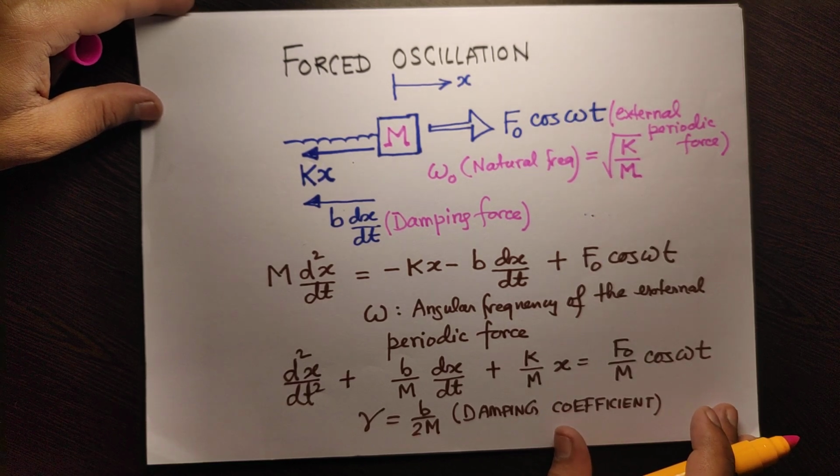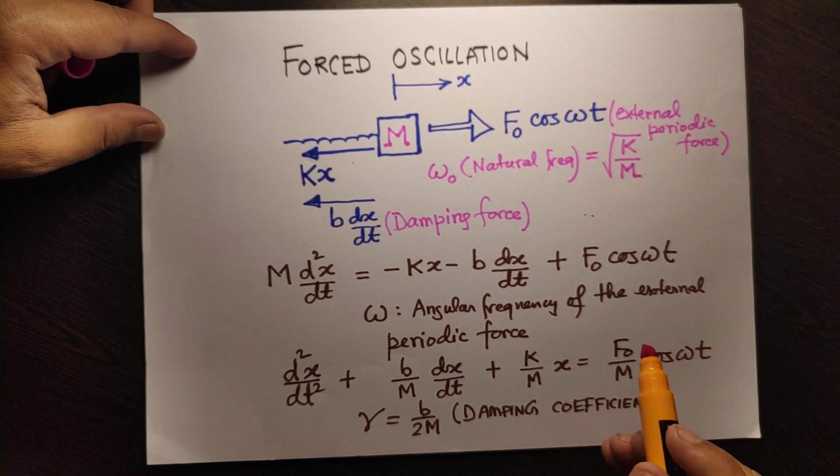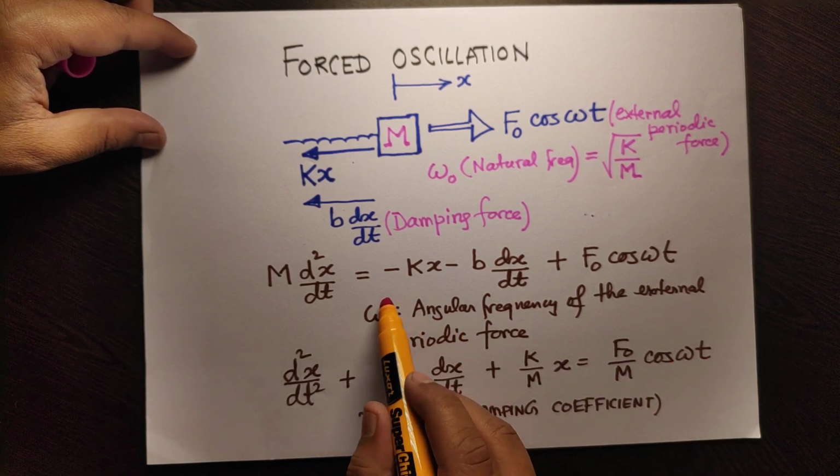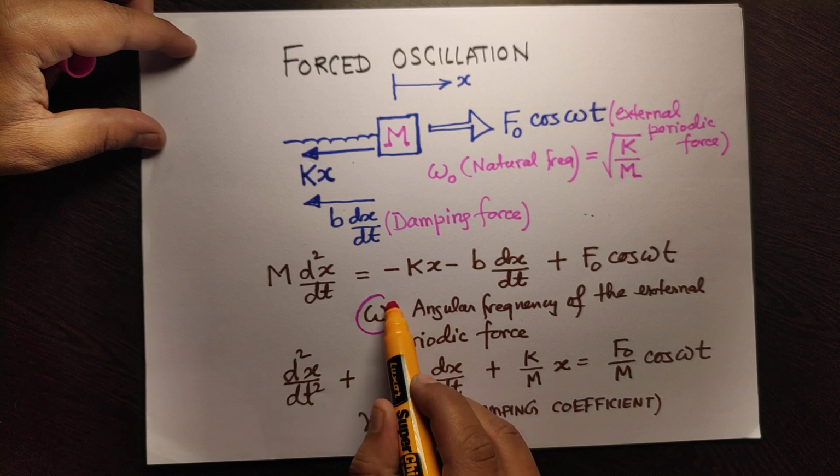After that, x will follow a certain equation with time. At steady state x will have an angular frequency same as that of the external periodic force, means this omega, right.